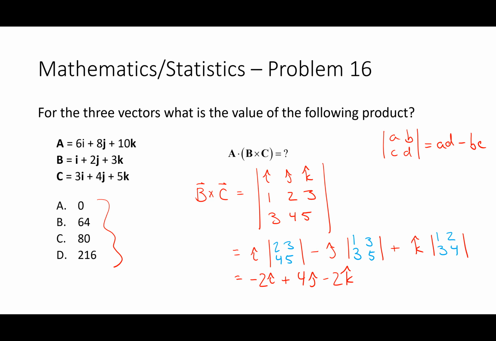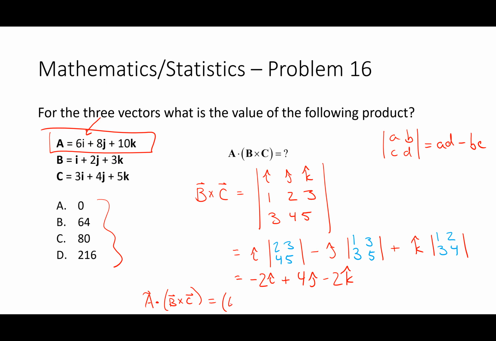Now that's B cross C. If I'm going to do A dotted with B cross C, here's my B cross C. That's my A. I need to bold that. I forgot to bold that. I take each of the i coefficients, the j coefficients, the k coefficients, and just multiply those together and add.